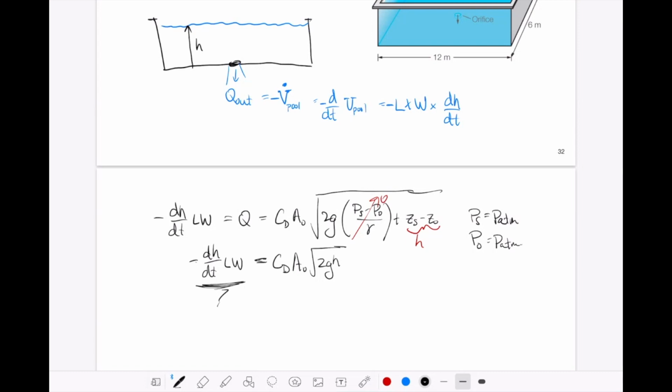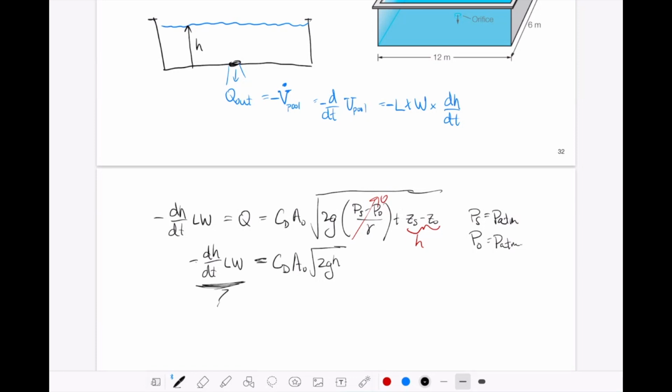So that was equal to the velocity of the fluid times the cross-sectional area that fluid is moving through. Flow rate units are meters cubed per second. So it's amount of volume per second.